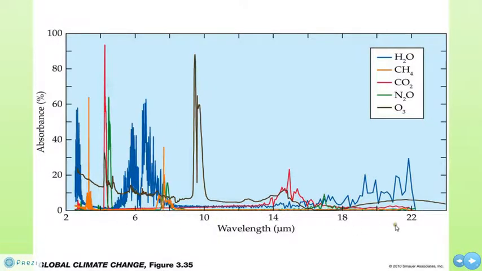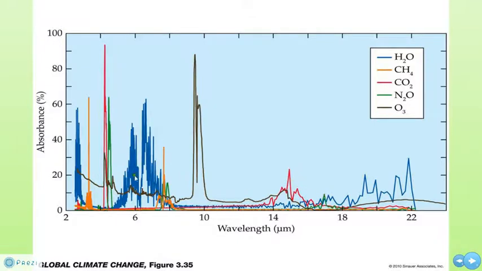This is a graph showing wavelength on the horizontal axis and absorbance on the vertical axis. These five gases here are five very important greenhouse gases, as we call them. What makes them greenhouse gases is that they interact with the longwave radiation that the Earth gives off. You can see that they all interact with different wavelengths of radiation differently.